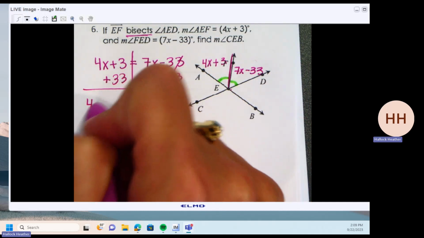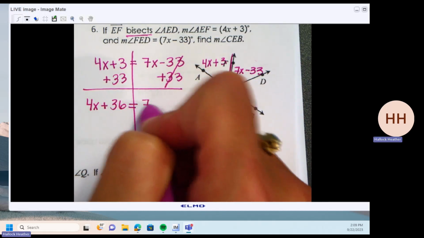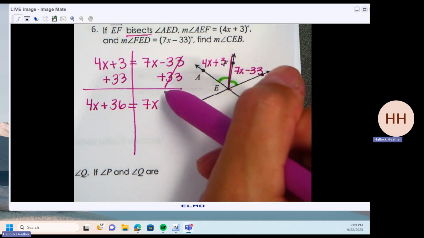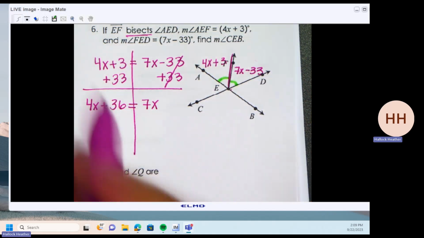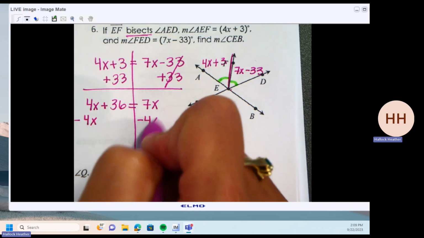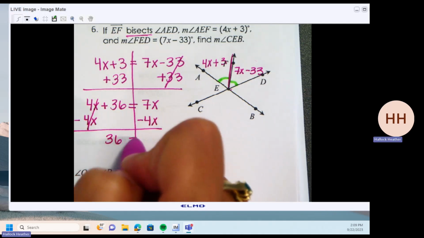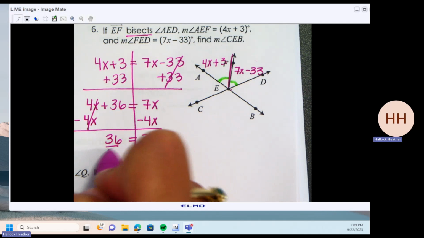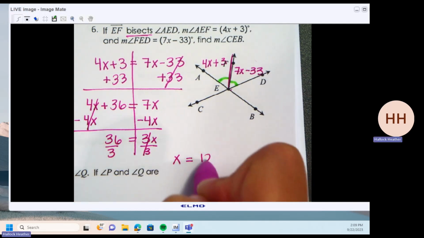So I have 4x plus 36 equals 7x. Since I have a slash on the right, there's something on the left that needs to move. I'm going to move the 4x. It's positive, so I will subtract 4x from both sides. 36 equals 3x. Divide by 3. So x equals 12. But I'm not done.